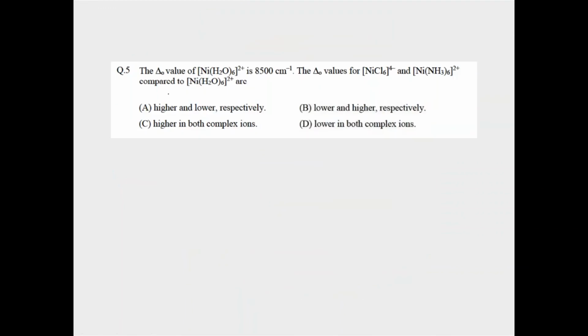Coming back to the question, [Ni(H2O)6]2+ will have a lower delta O value than [Ni(NH3)6]2+, and it will have a higher delta O value than [NiCl6]4-.